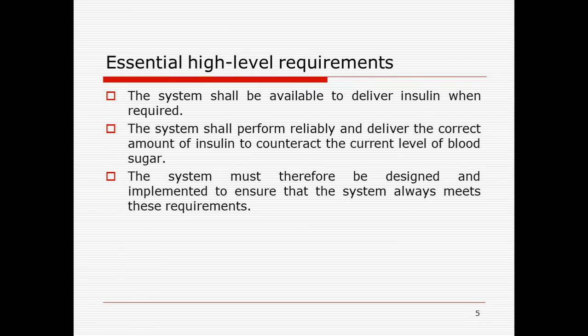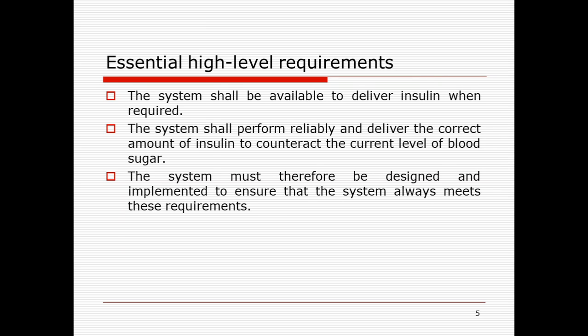The essential high level requirement for this particular use case study of the insulin pump is that the system should always be available to deliver the insulin. So the system should never fail. Okay, and the system shall be reliable and deliver the correct amount of insulin, because it cannot afford to miscalculate.